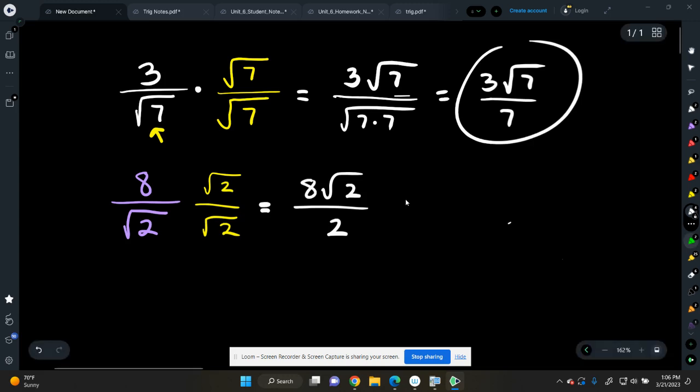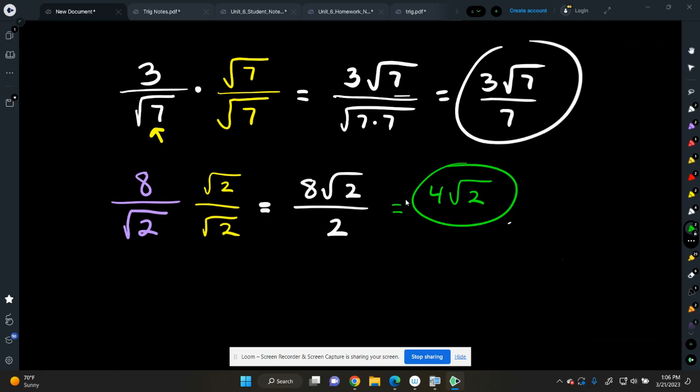Caden, why not? We can simplify it. How does this simplify? 8 over 2 simplifies to 4 over 1, or just 4. So that's going to be 4 root 2. So make sure you look to see if it'll simplify. Be very careful.